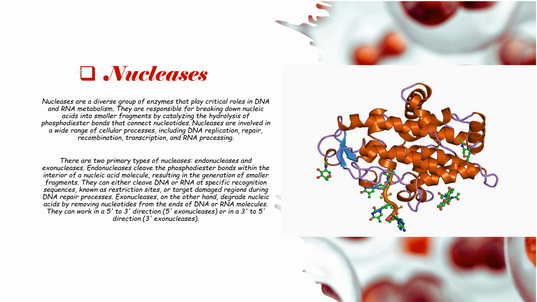They are of two types: lambda exo, which cuts the DNA at 5' end, and exo 3, which cuts the DNA at 3' end. And on the other side, endonucleases cut both single-stranded DNA and double-stranded DNA, but at the middle of the DNA strand. Some of the endonucleases are S1 nuclease, Mung bean nuclease, and etc.